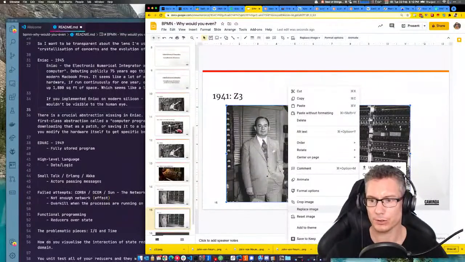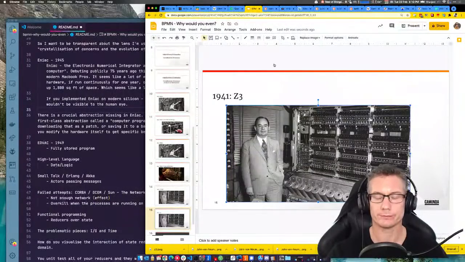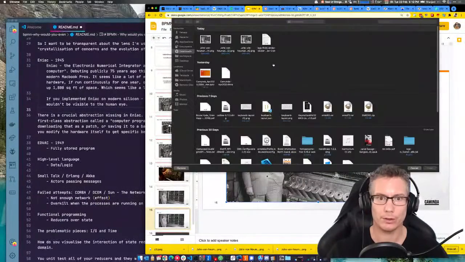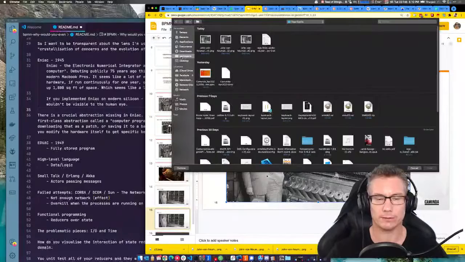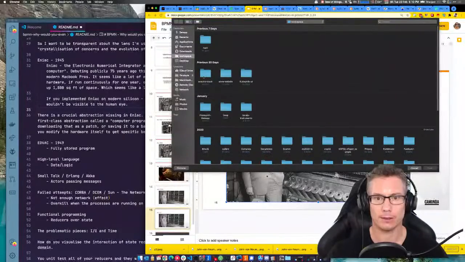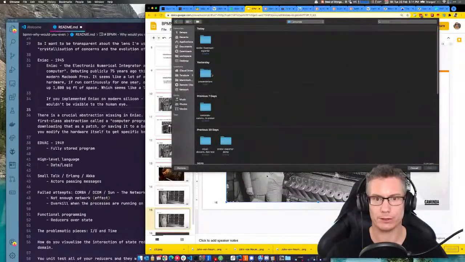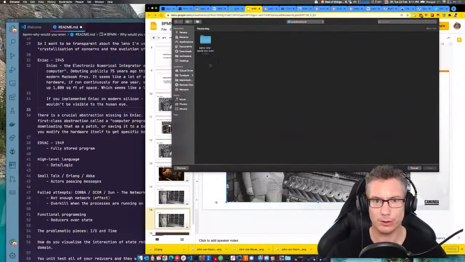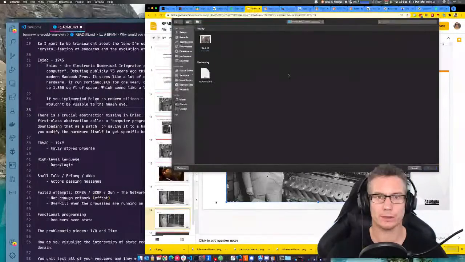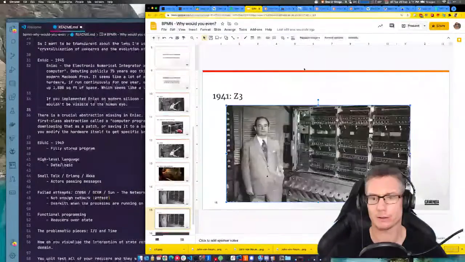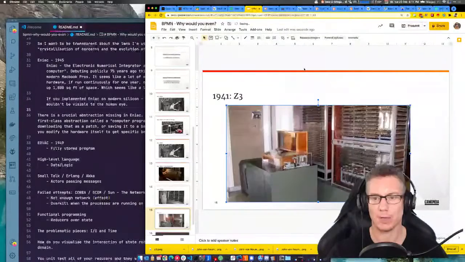Place the image, upload from computer, workspace, Commanda, presentations, BPMN, why would you even, Z3. Bam.